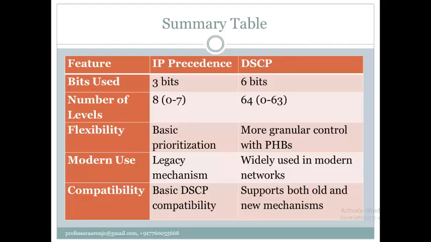Whereas for the real modern network, which has various applications and various types of traffic, you really need this granular control. That too, you want different weightage for the same traffic at different levels, which is nothing but per hop behavior. For this, DSCP is the best compared to IP precedence.